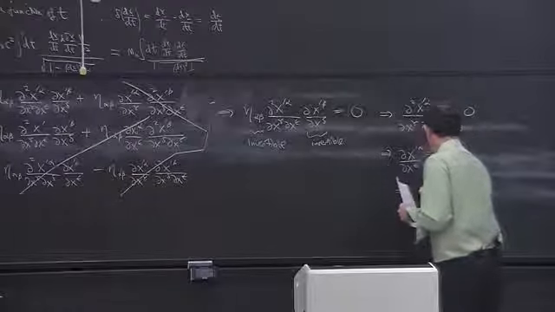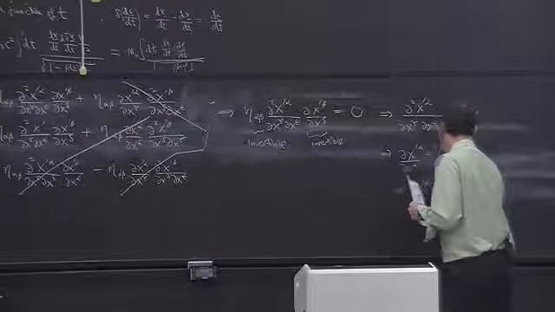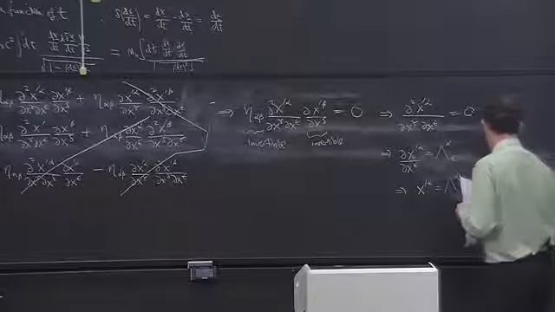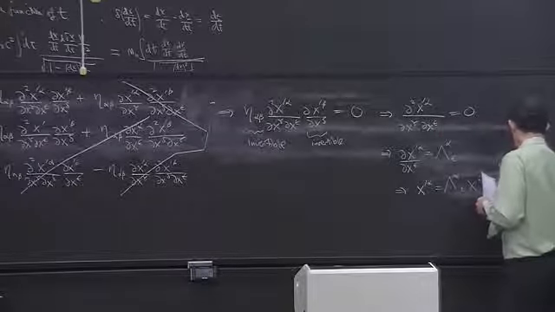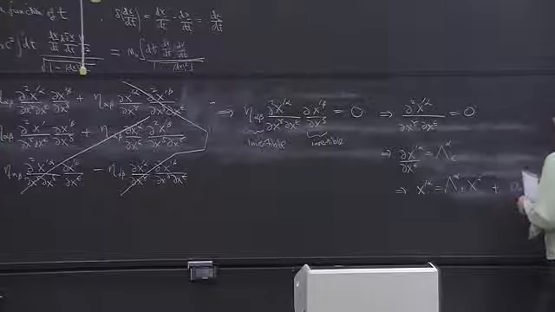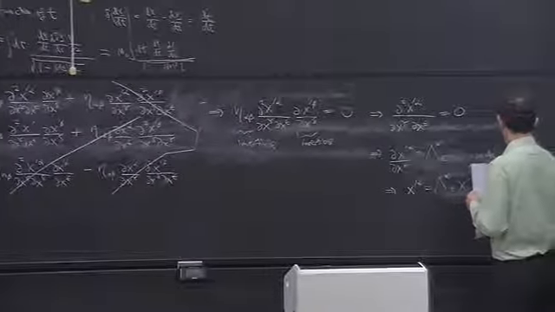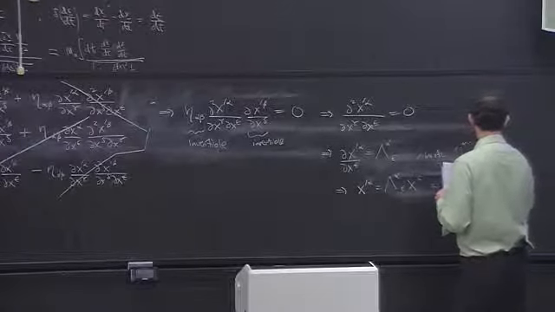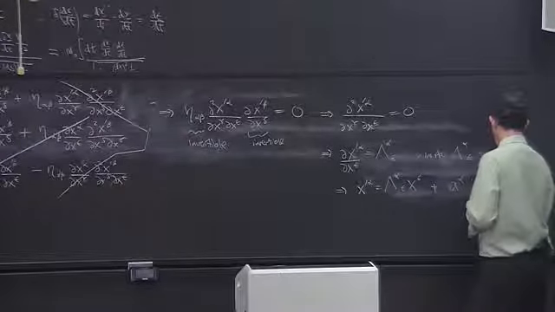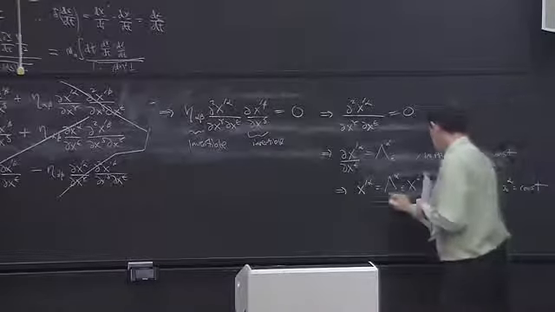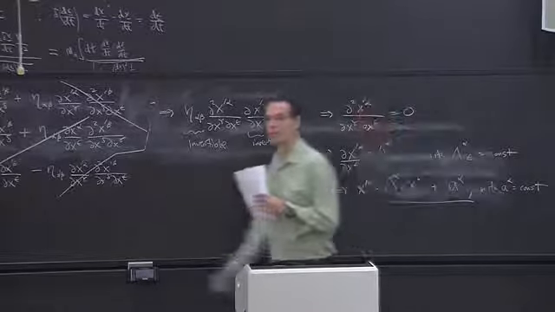So this implies that x prime alpha is lambda alpha epsilon x epsilon plus a alpha, with lambda alpha epsilon equal to a constant, and with a alpha equal to a constant. And voila, that's a Poincare transformation.